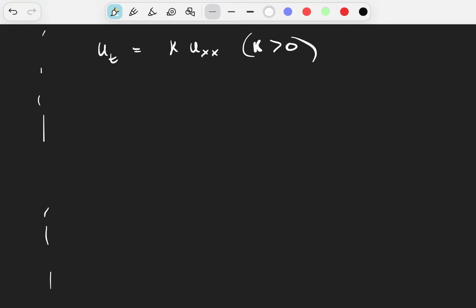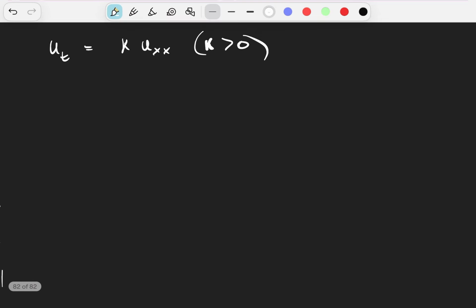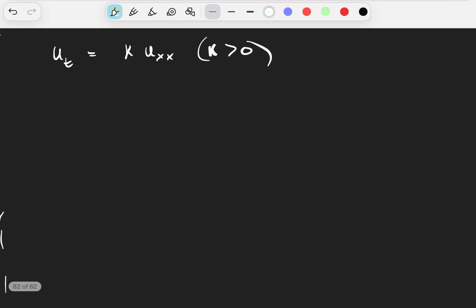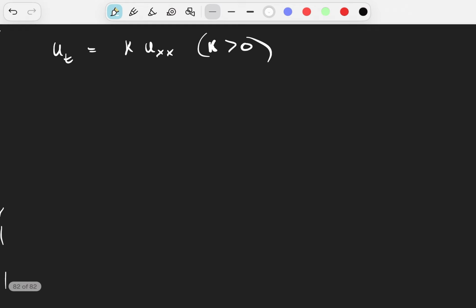Now, kappa, this is going to be a different thing that we're going to talk about. It's called diffusivity. And diffusivity is the idea of how conductive is this particular system, or how viscous, if you will, is it. And we know how this is already kind of solved.